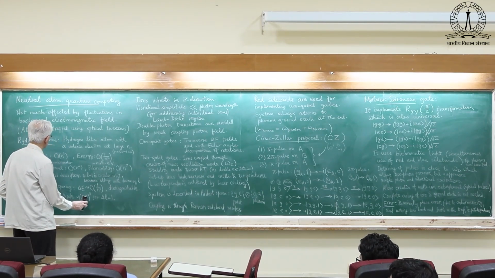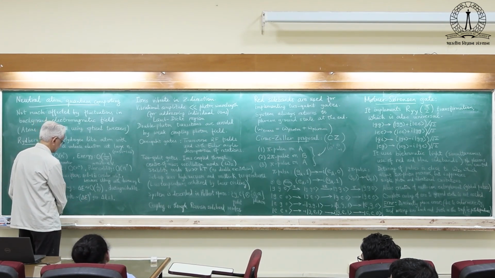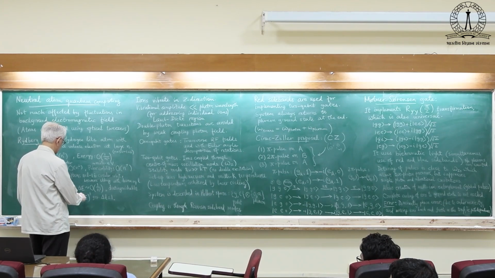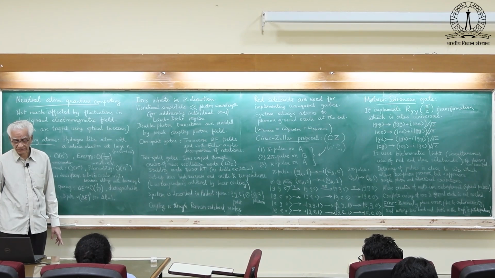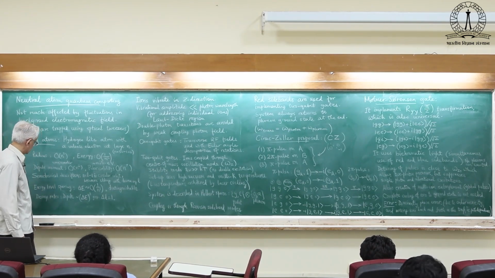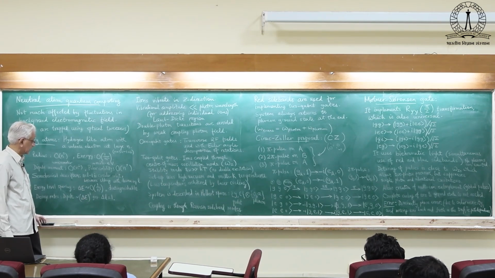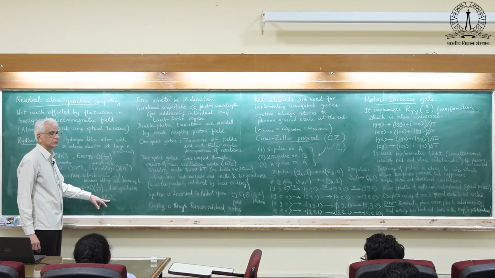Omega, last time, was the same as delta E, and it goes like 1 over n cube, and dipole means delta L equal to 1.